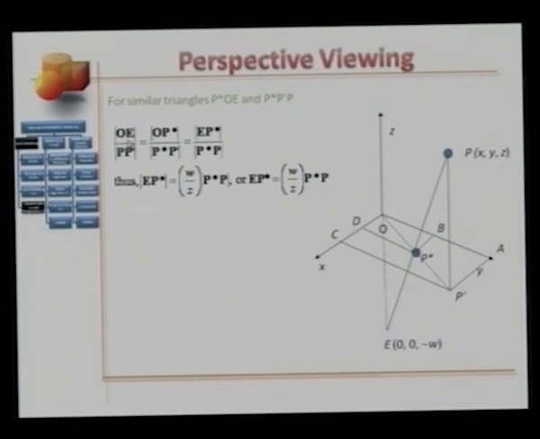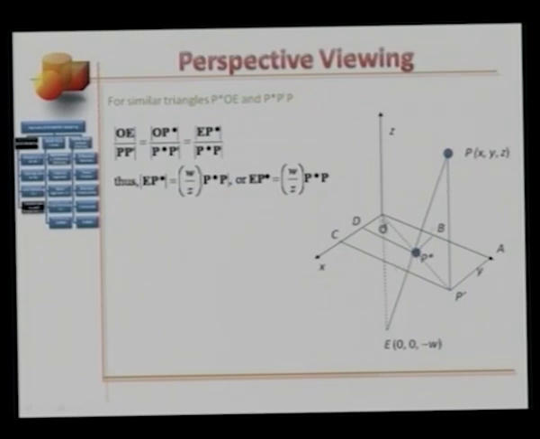In other words, OE, which is this vertical height, over PP prime, which is this distance, the Z projection of point P, is equal to OP star, which is this distance, over P star P prime, and that is this distance here, is also equal to the modulus of EP star, or the distance EP star, this distance here, over P star P, which is this distance here.